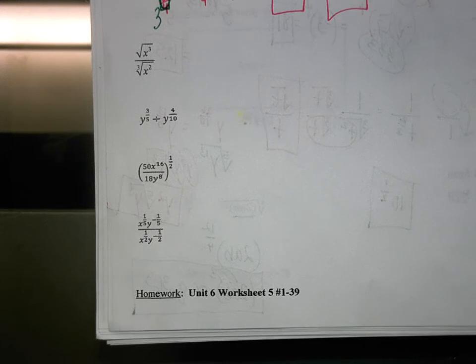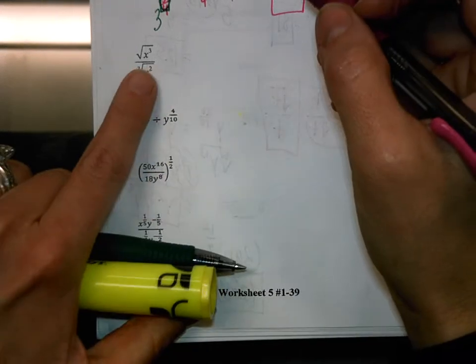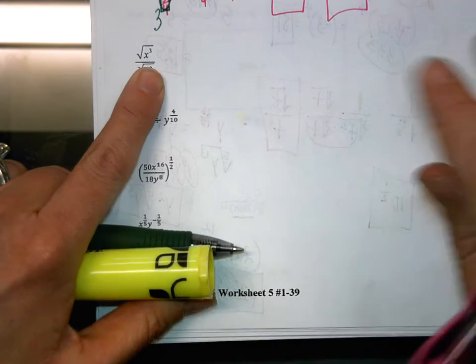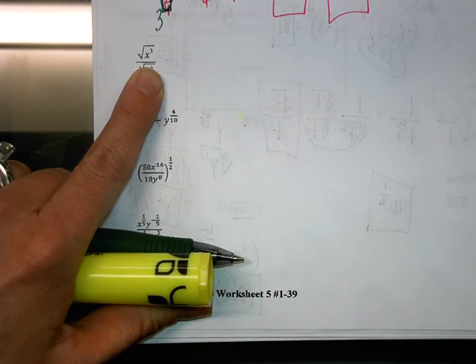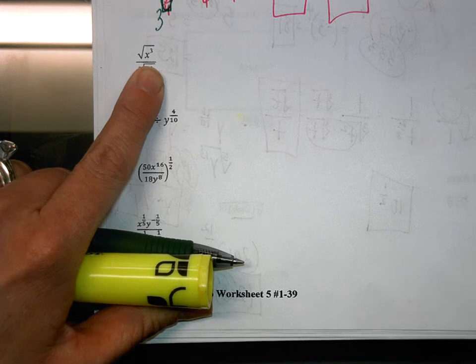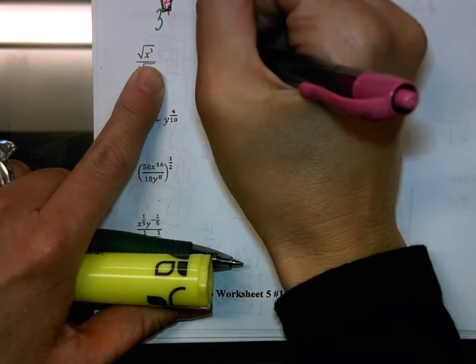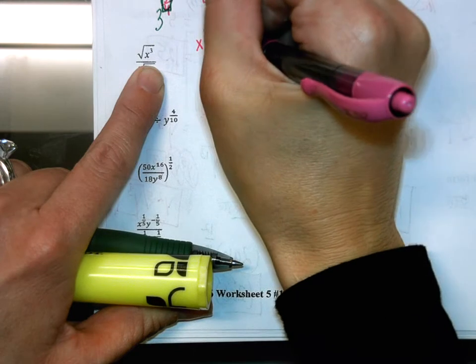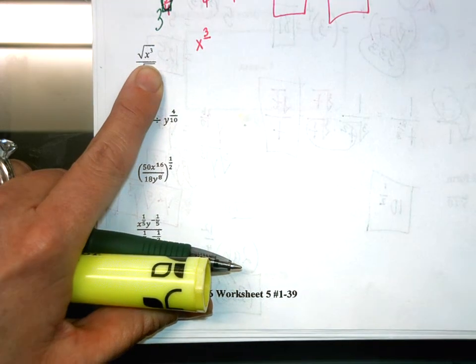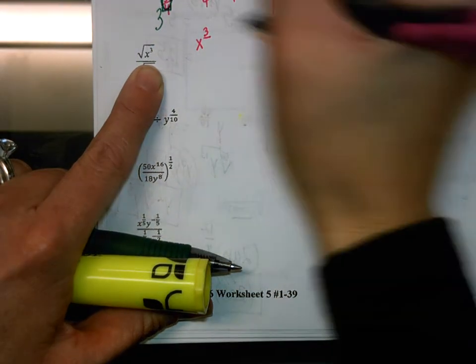Starting with the top, I'm going to pull a stick. Help me change this to exponential form. Help me out, Morgan. What will that be in exponential form? X to the 3 over, and what's the index? 2. So it's x to the 3 over 2.